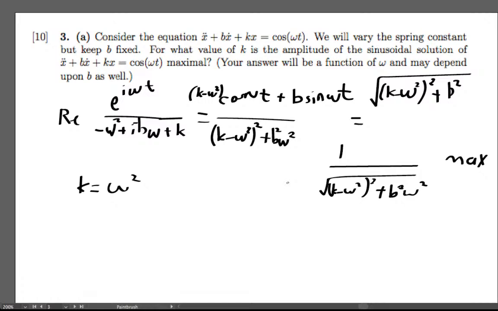I would get k minus omega squared plus b squared omega squared, subtract that by k minus omega squared over the square root of k minus omega squared plus b squared omega squared, and divide the entire thing by k minus omega squared plus b squared omega squared.